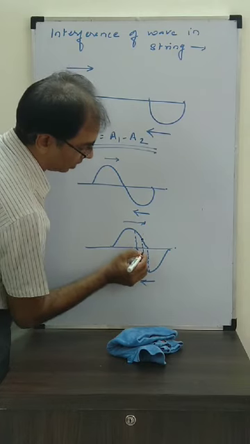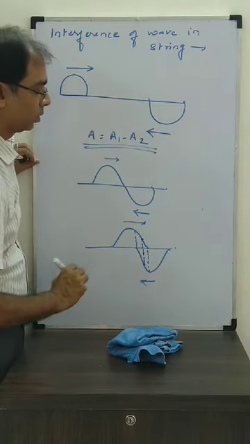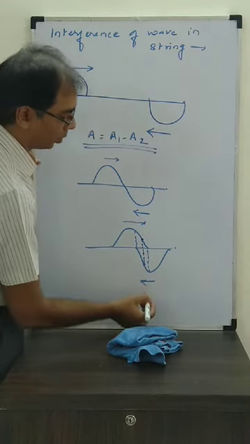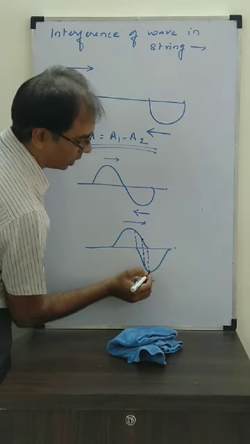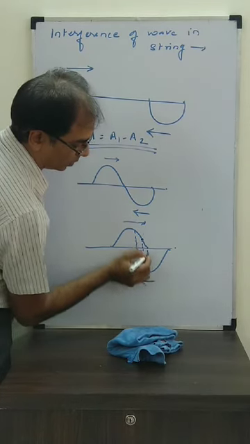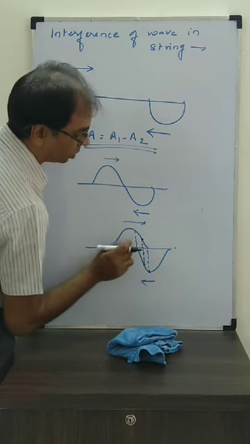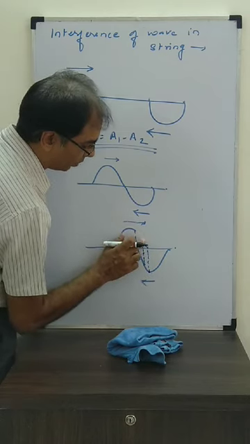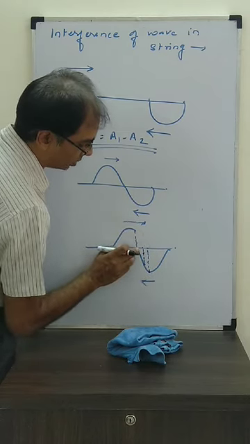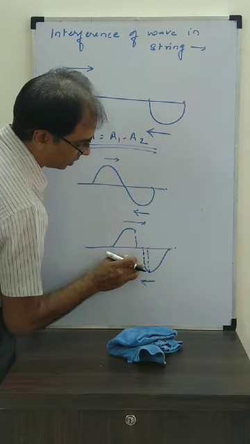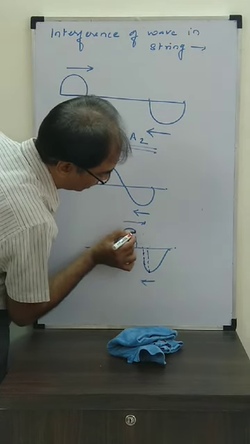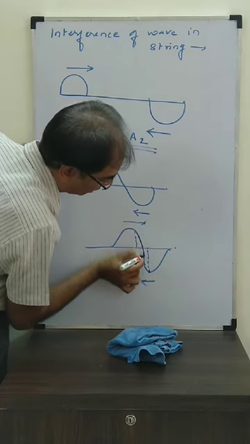Maybe somewhere here it will come. Next, at some other point, the displacement of this is more and here it is 0. So how will be the shape? This shape will not be visible to us. Then how will the shape be visible to us? It will be something like this.